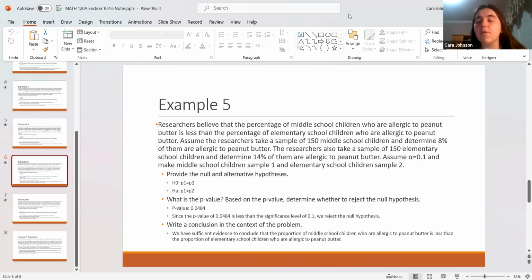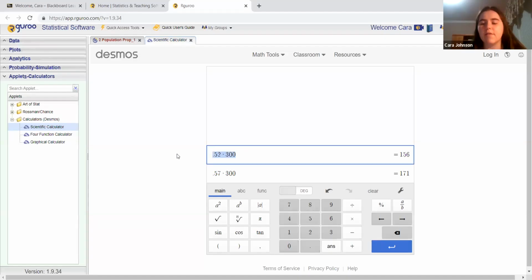So let's go to our Rguroo and put it all in. All right, so I said for middle schoolers, it was 8%, so that's 12 successes.